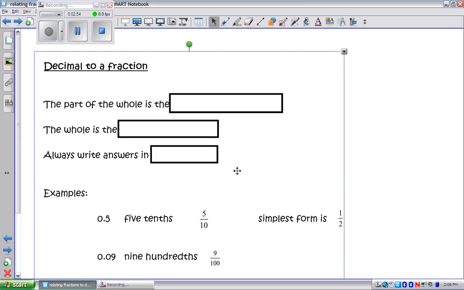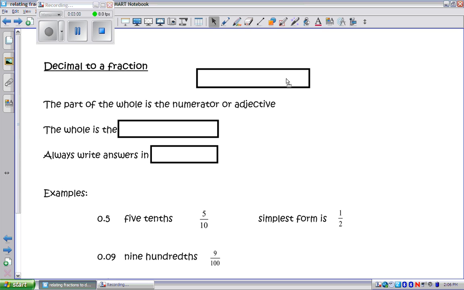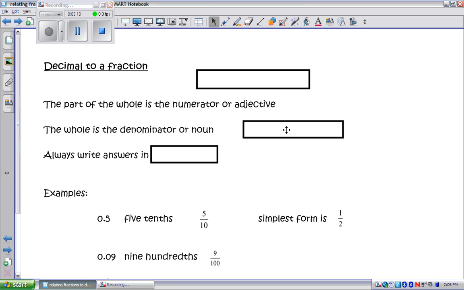How would we do that? Well, let's say I have a decimal. The part of the whole is going to end up being the numerator, or as you might recall, I referred to it as the adjective, the describing word. The whole itself is going to be the denominator or the noun, the word that's being described.